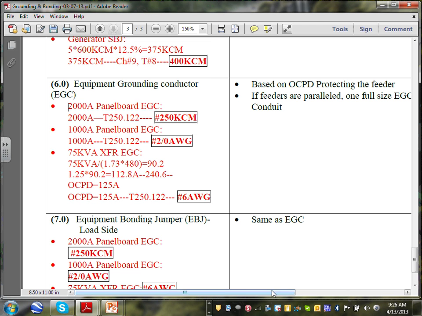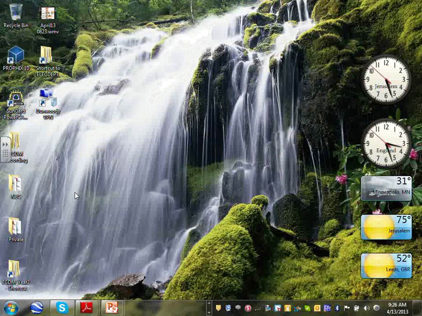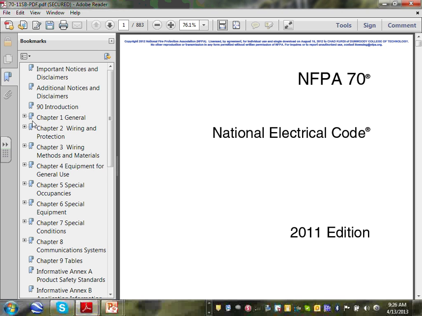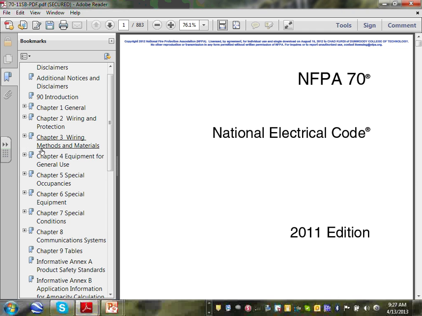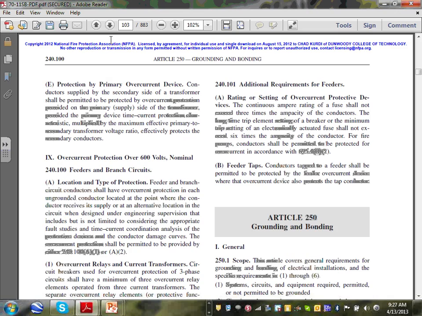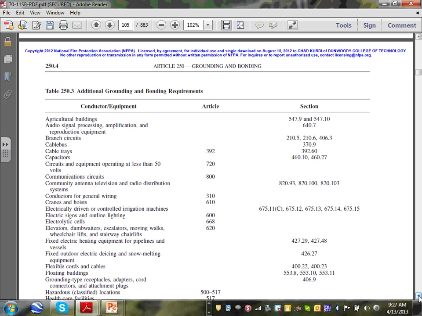So what we did, 250, and I'm sure you guys are very familiar with the code, and let's just go very quick here into 250. Okay, so that's where we were doing all this calculation and looking at all this good stuff.